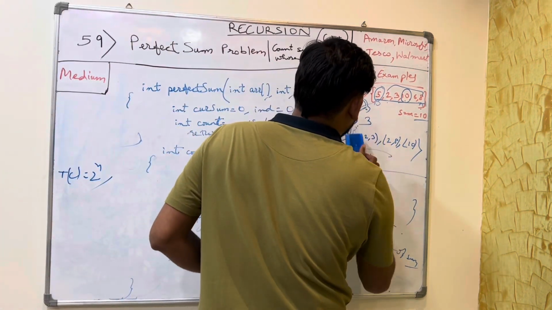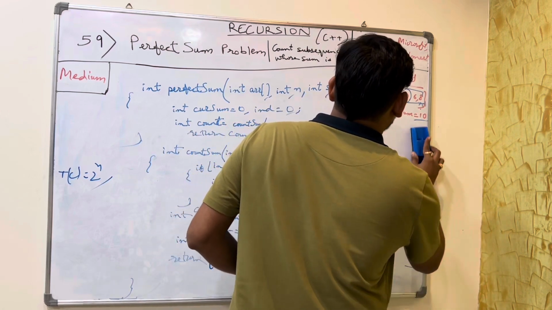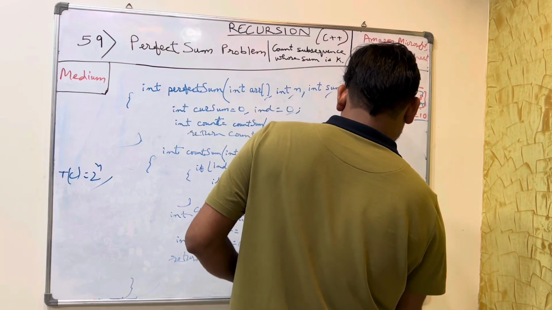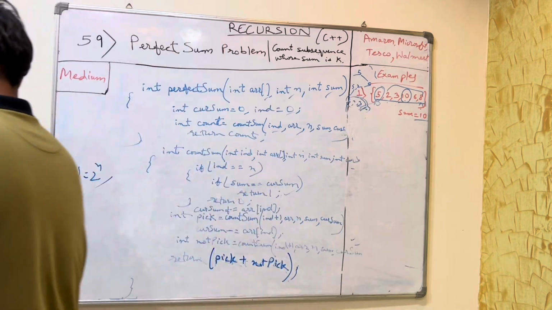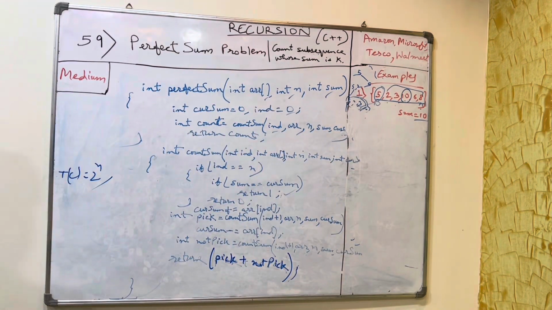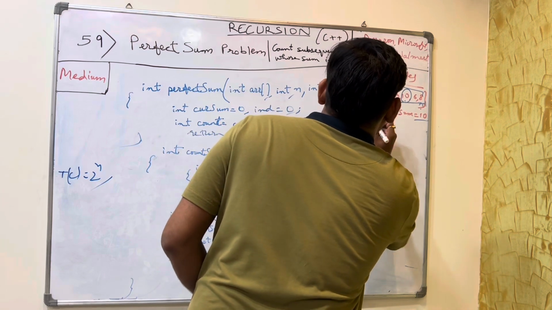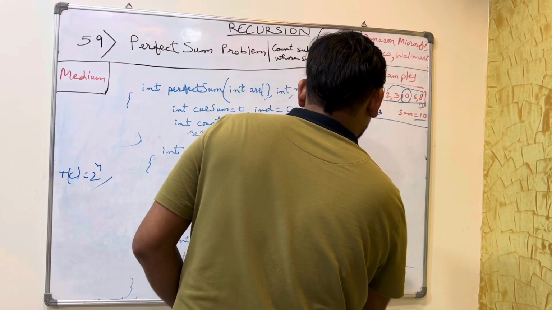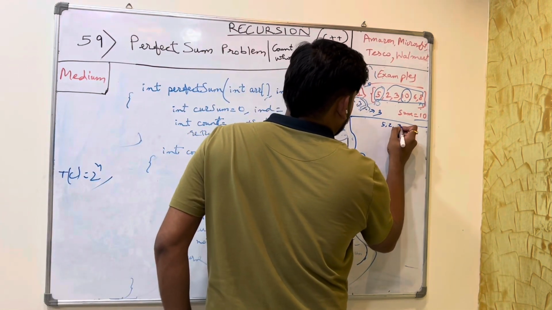If I remove this part, just to give a basic idea, for this example we have 5, 2, 3.